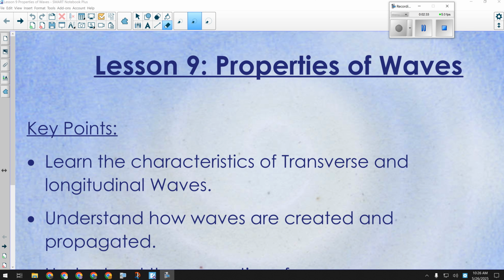Now here's the thing about waves. Waves are not matter. They travel through it, they disturb it, but waves themselves are not matter, which means they're not bound by the same rules as all the things we've talked about up until now. If I want to change the speed of an object that is matter, that object has to accelerate.